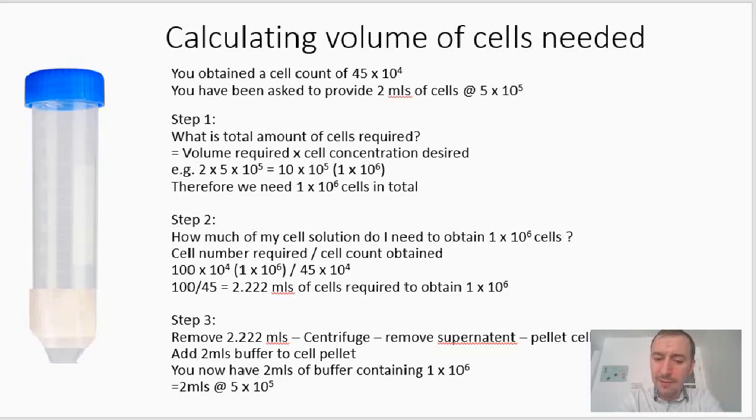And what you then have is 2 mils of buffer containing 1 by 10 to the 6 cells in total. And because it's in 2 mils, the concentration then is 5 by 10 to the 5. So that's how you go about doing a cell count and working out the volume of cells that you need to achieve a given concentration.